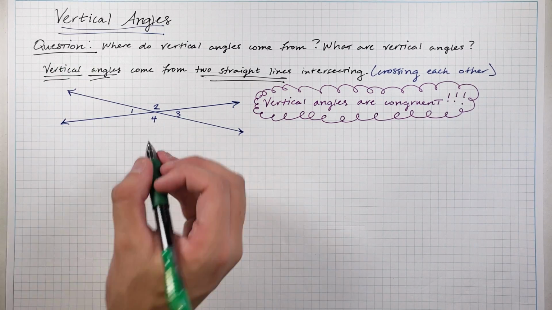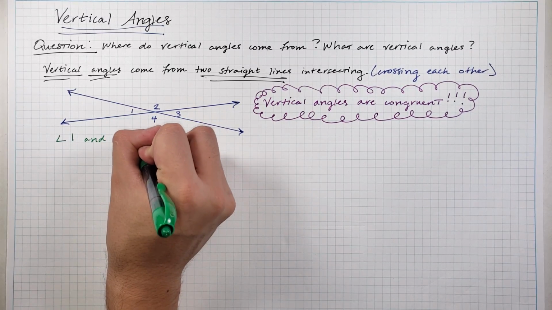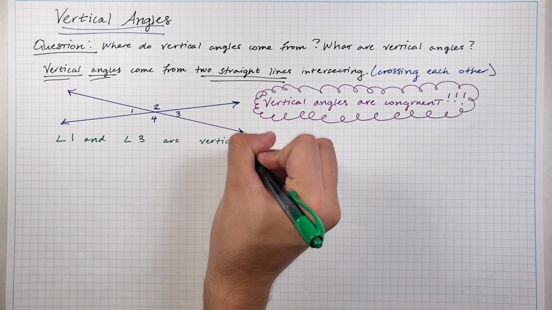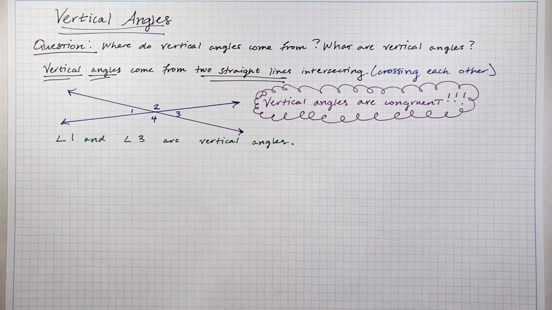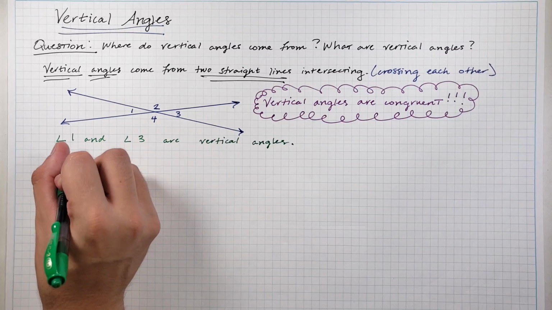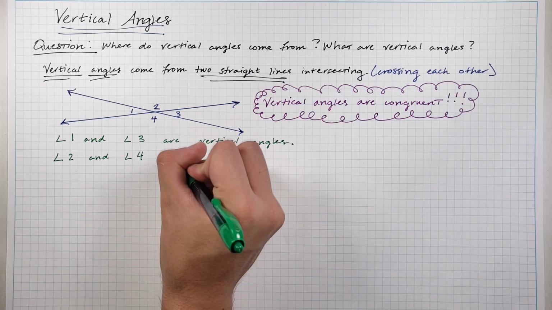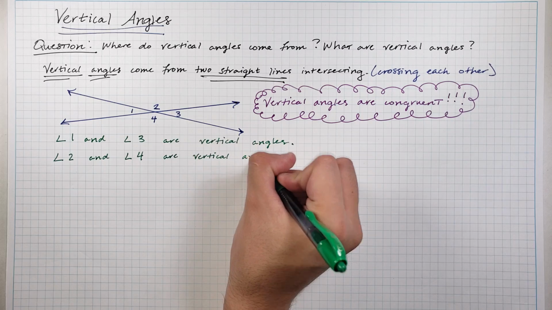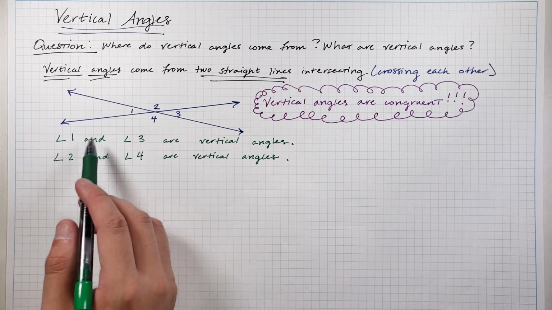Before I get into that, let's just write some statements real quick. We'll say angle 1 and angle 3 are vertical angles. Angle 2 and angle 4 are vertical angles. Now, what's special about 1 and 3?